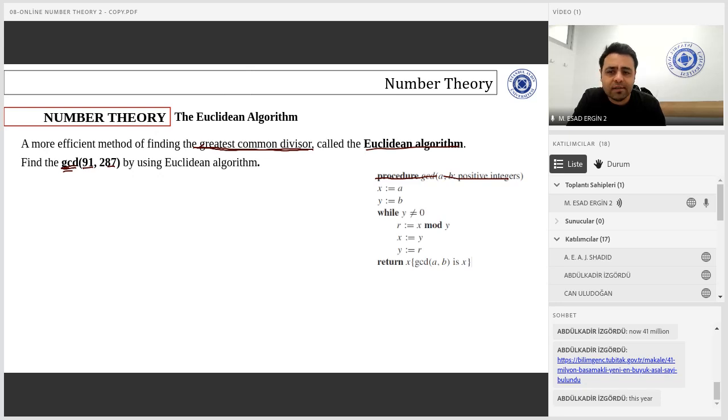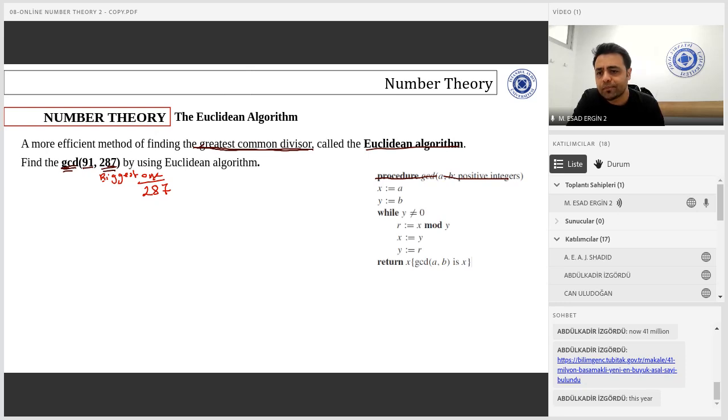If you try to find a common divisor between two numbers, we always take the biggest one, which is 287. And here is the approach I'm going to write.